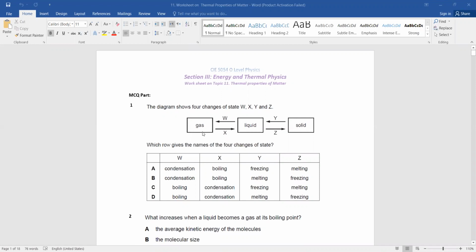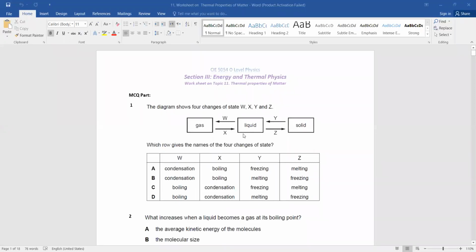From gas to liquid, it's showing X. When it is liquid to solid, it's showing Z. From solid to liquid, this is Y. Liquid to gas, it is W, right?